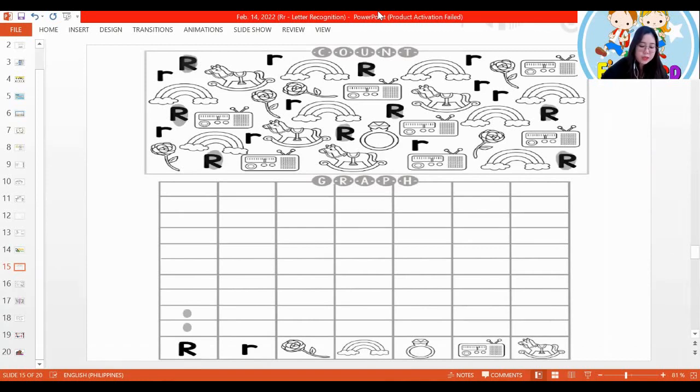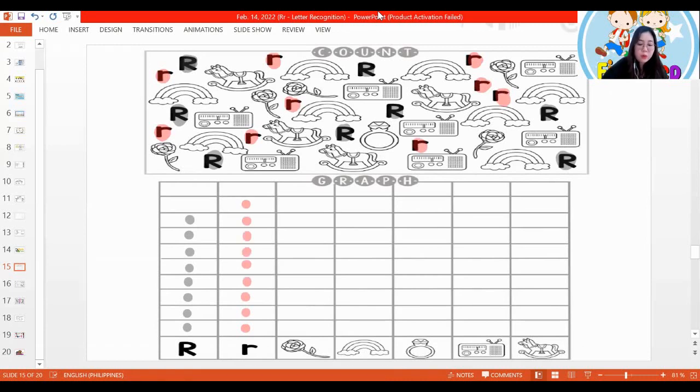Let's have lowercase letter R. 1, 2, 3, 4, 5, 6, 7, 8, 9.